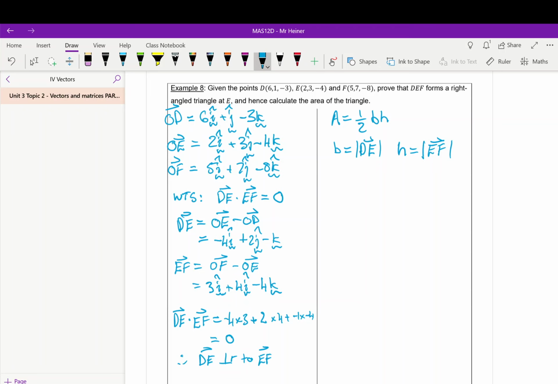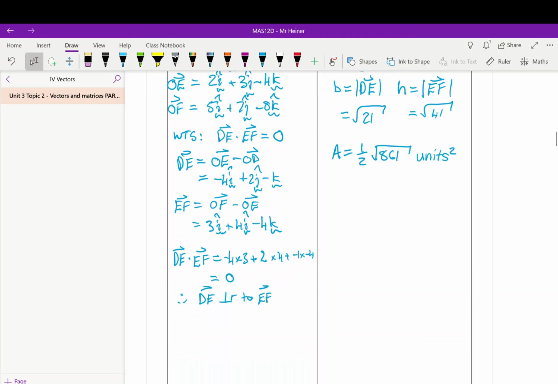The two magnitudes are square root of 21 and square root of 41. So if we multiply those together, we get that the area is half times square root 861, and we'll say units squared.